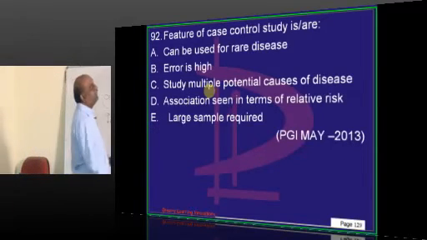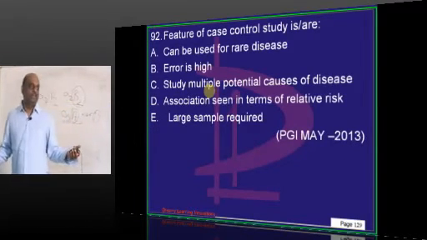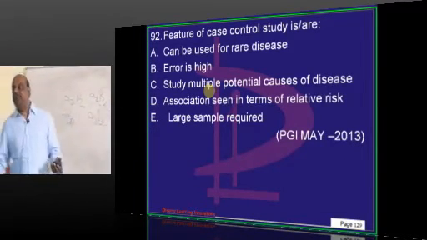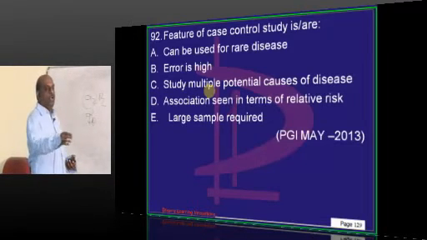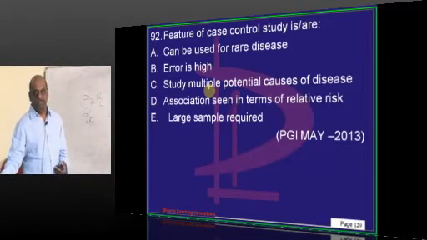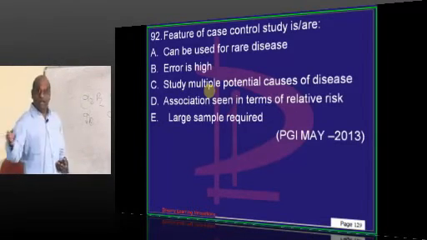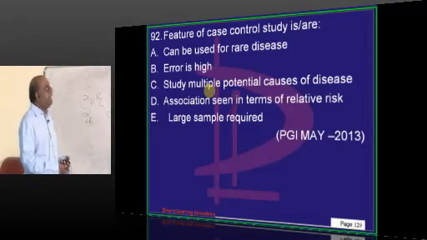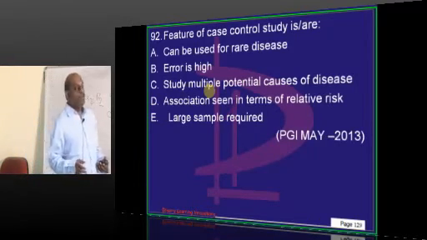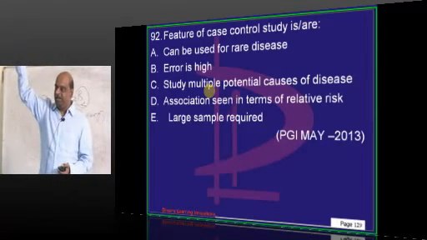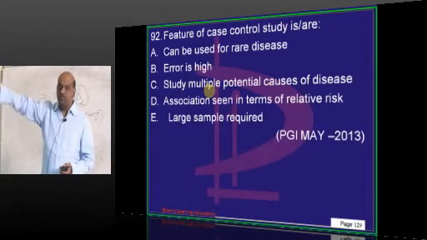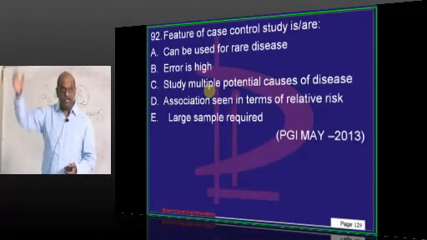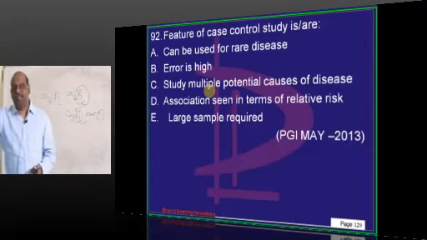So now case control versus cohort. From times immemorial, this is a favorite question. Case control, you will use it for rare disorders. Case control, you will do it in hospital, so you will be biased and error will be very high. And case control is a retrospective study. उनके पूरा जन्मदिन से, जब वो जन्म लिया तब तक आप पीछे जा रहे.